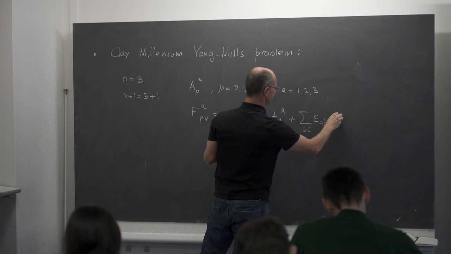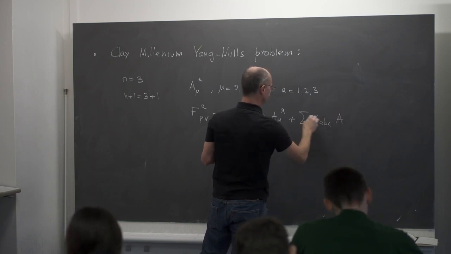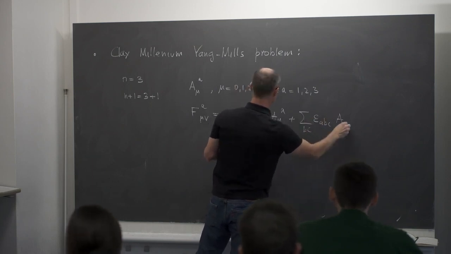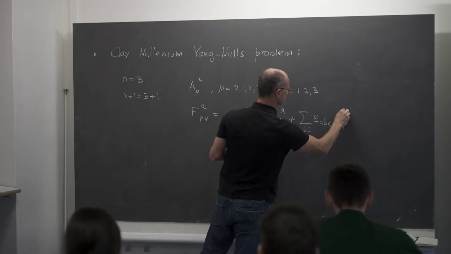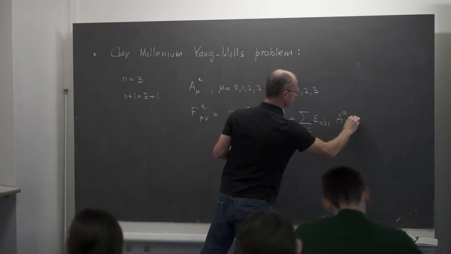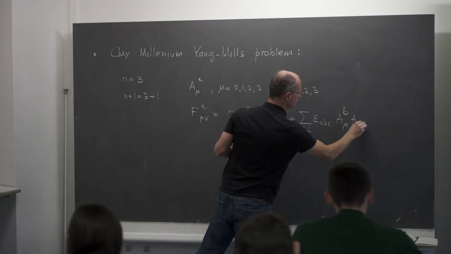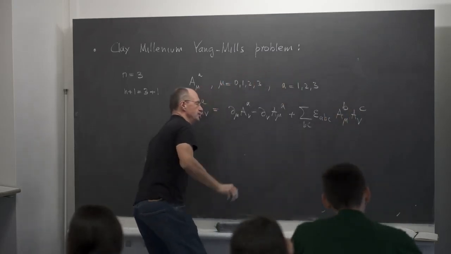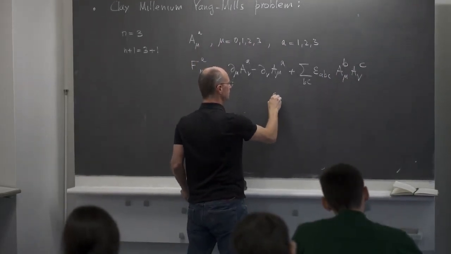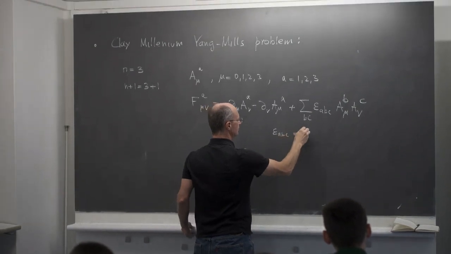Let me try to write it more or less correctly. Where epsilon ABC is a completely skew-symmetric tensor.